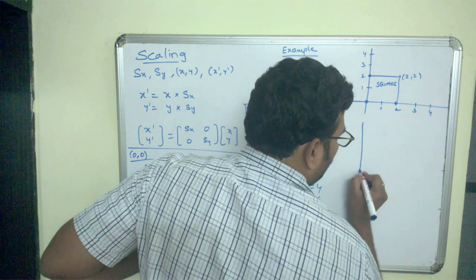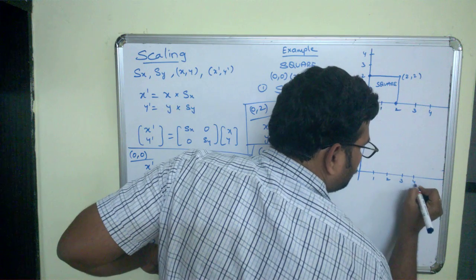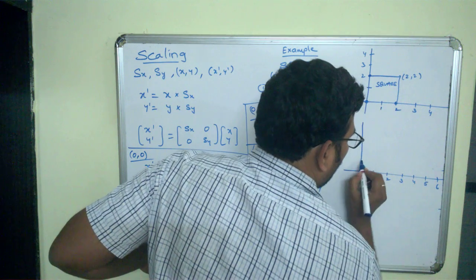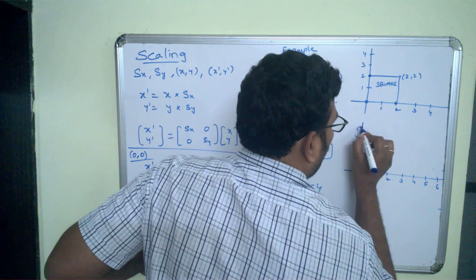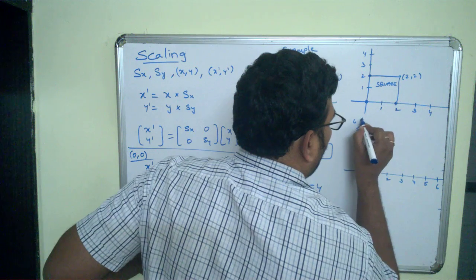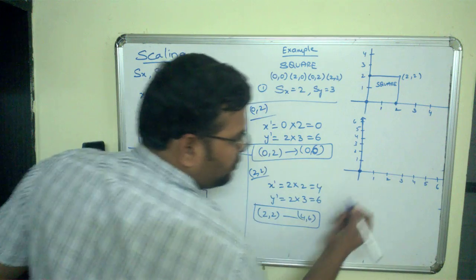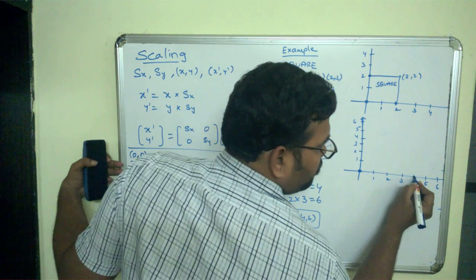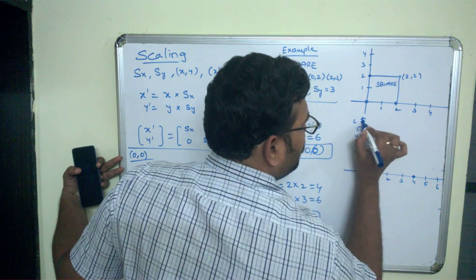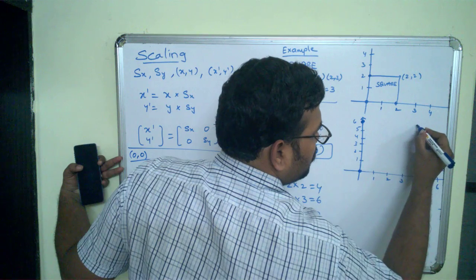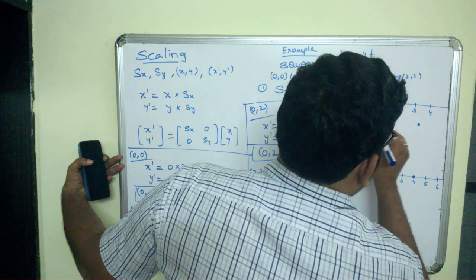Let us draw the graph. 0 comma 0, then this point 4 comma 0, this point 0 comma 6, and this point 4 comma 6.